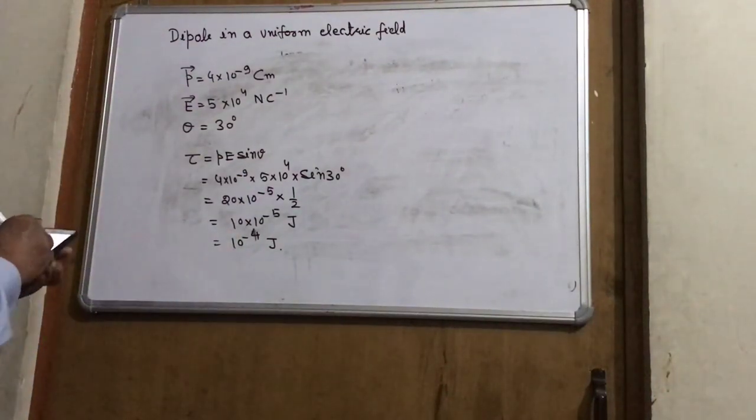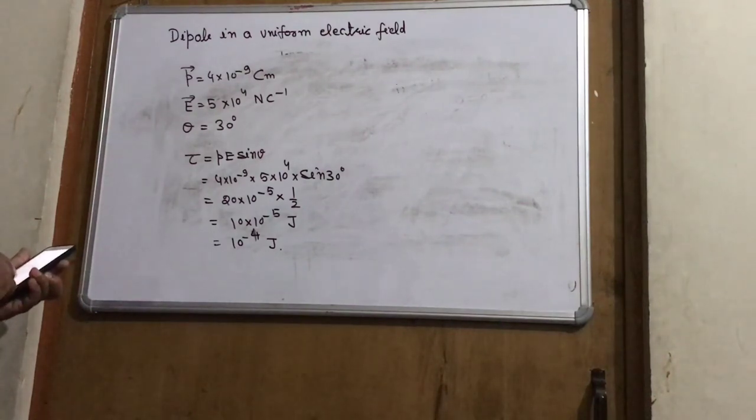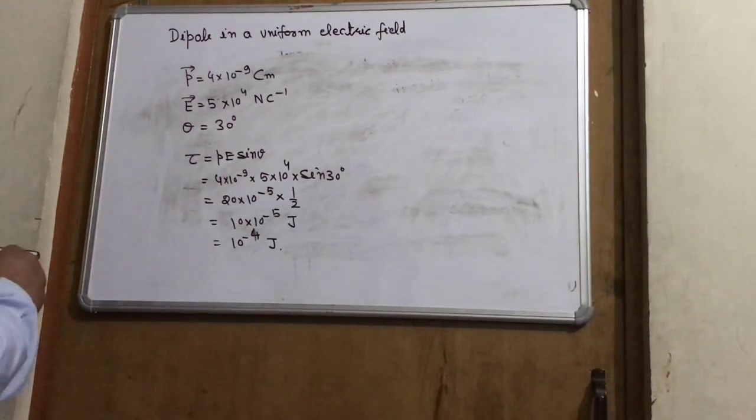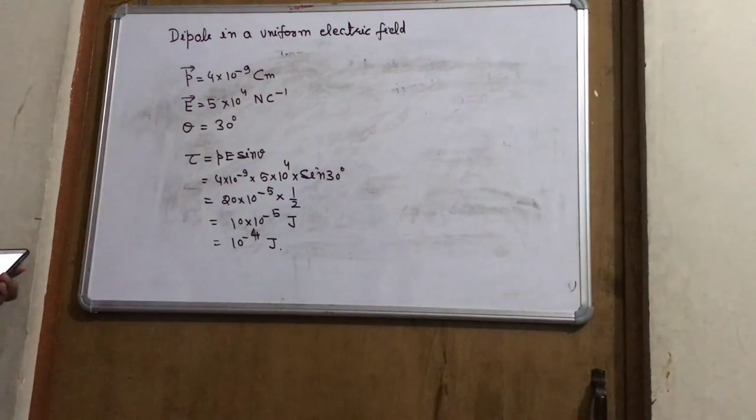And the second question, that is question number 8 in your textbook. A system has two charges, QA is equal to 2.5 into 10 to the power minus 7 coulomb and QB is minus 2.5 into 10 to the power minus 7 coulomb, located at points A (0, 0, minus 15) and B (0, 0, plus 15) respectively.